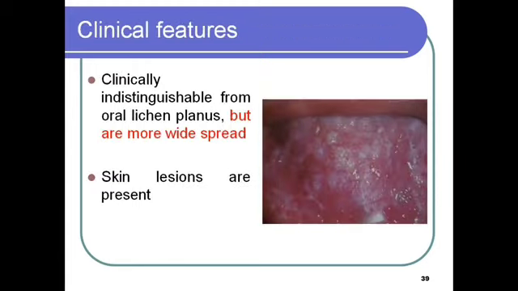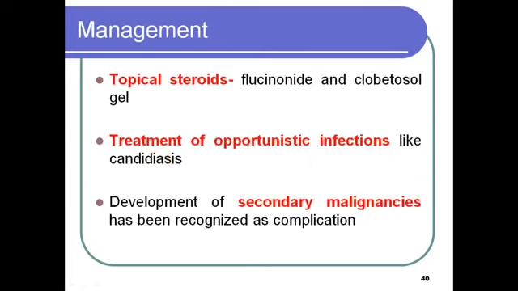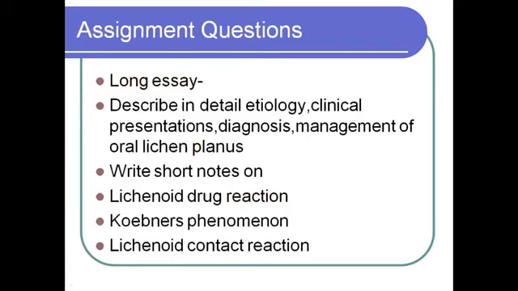Clinical features are indistinguishable from oral lichen planus but are more widespread in nature. Skin lesions are present. Management is topical steroids, fluocinolone and clobetasol gel, and treatment of opportunistic infections like candidiasis. Development of secondary malignancy has been recognized as a complication of this.